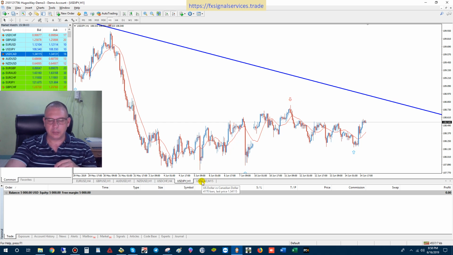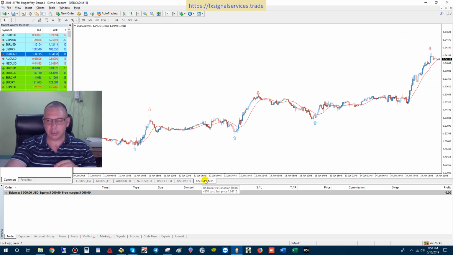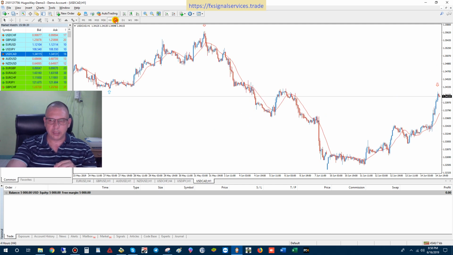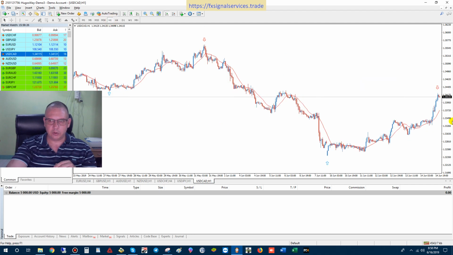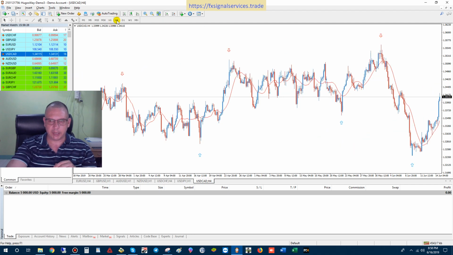Okay, now moving on to USD Canadian Dollar, we see that this has been slowly, gradually climbing, right? And it looks like it hit a fairly strong level of resistance. If you look at the H1 and H4, we see that the H1 has a down arrow, but the H4 does not.